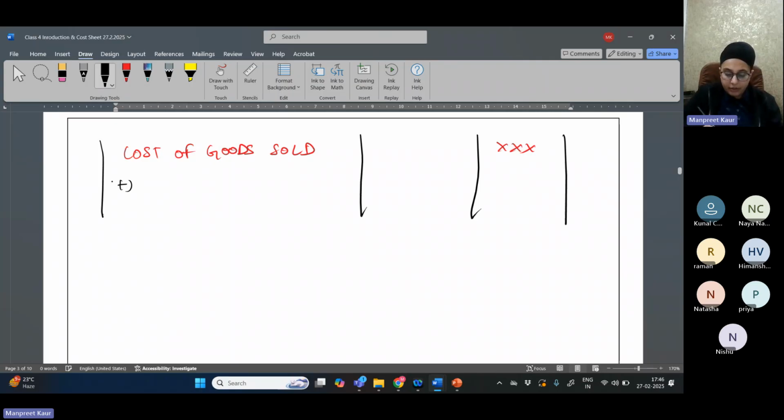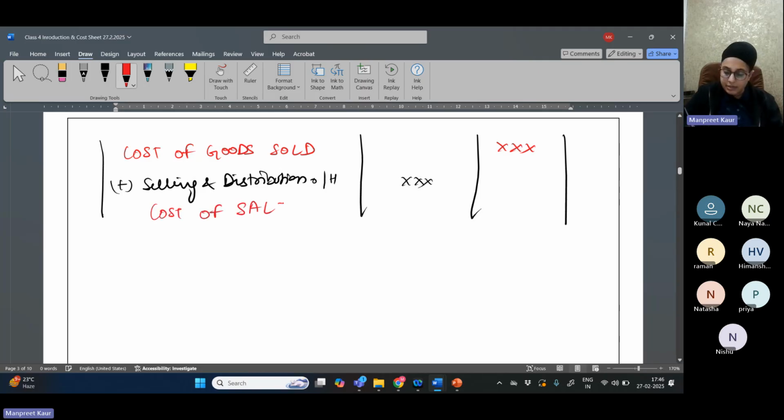Then we add selling and distribution overhead, we will get the cost of sales. If we add profit, we get the sales amount.